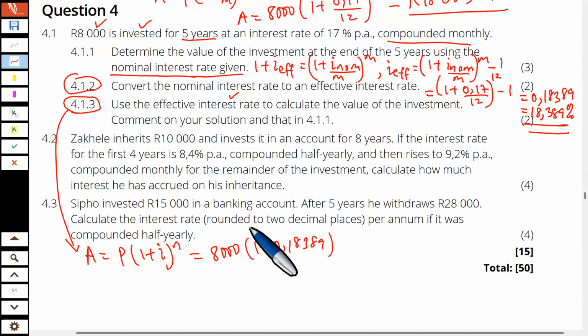It is raised to the power n. Right, so the power n is what? Obviously everything is done in 5 years, because this 8,000 is invested for 5 years. So if you use a calculator here, you'll be able to get the value of the investment using the effective interest rate as exactly 18,605 Rand and 88 cents.